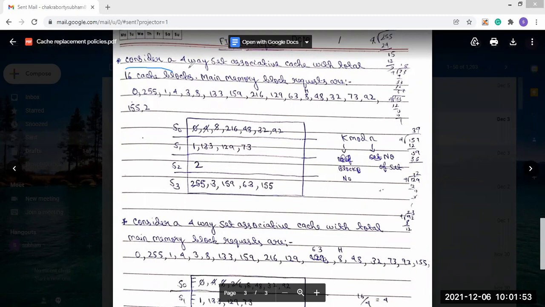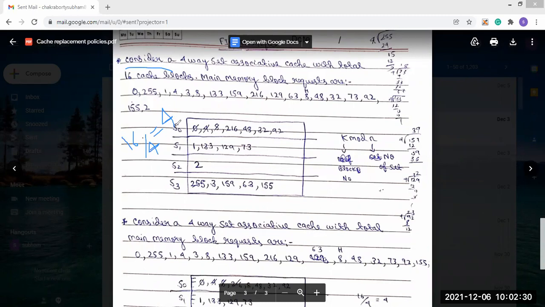What else is mentioned? A total of 16 cache blocks. That is the storage of this cache: 16 cache blocks. Divided by 4, since it is 4-way set associative, we get 4. That means each set can contain 4 blocks at a time.